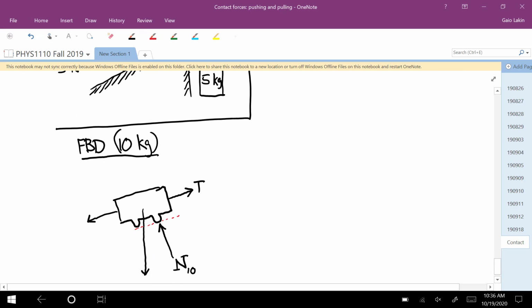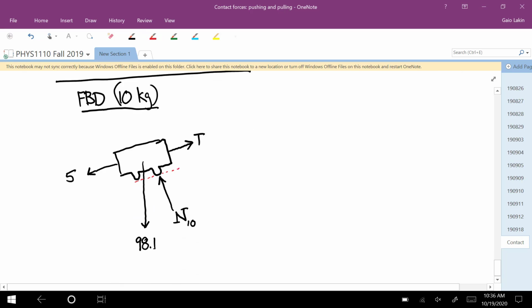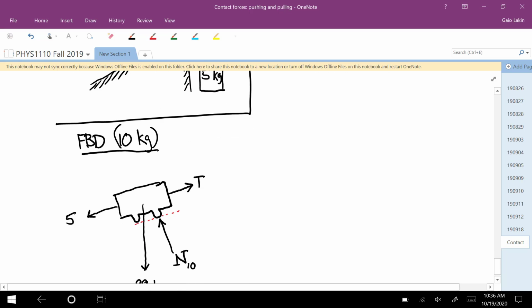And so that has a magnitude of 5 newtons. And so now, once you complete your loop around the boundary, and there's no more places where there's contact, then you know you're done with your free body diagram. We've dealt with the weight force, every contact force. We dealt with each contact force individually according to the rules of that type of force, and so we know we're done.